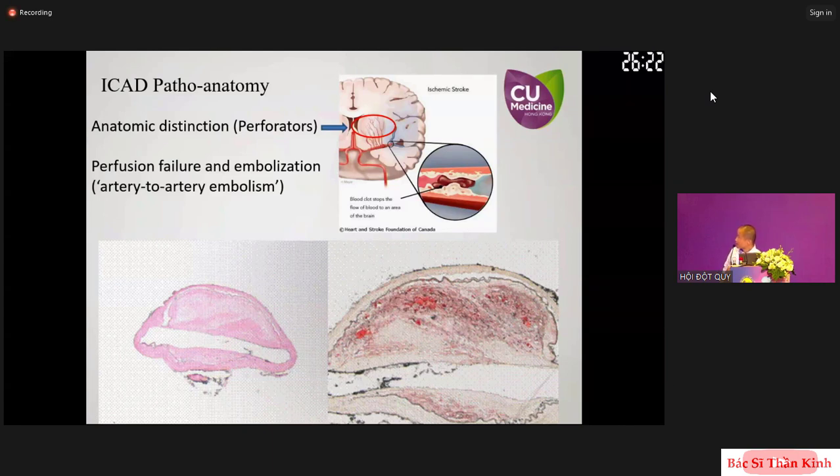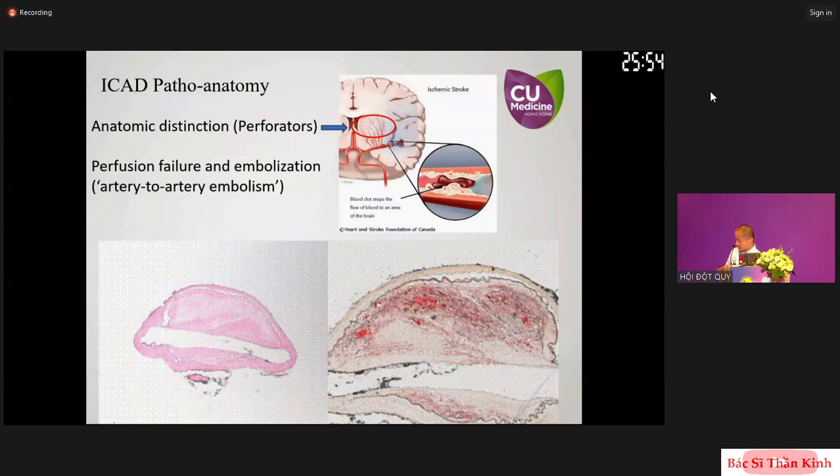More important here, you appreciate the perforators coming out. In the middle cerebral artery, these are the lenticulostriate arteries. In the basilar artery, these are the perforators coming out. So remember, in the SAMMPRIS study, medical therapy was superior to endovascular treatment. Why? Because one of the major complications in SAMMPRIS was perforator stroke.